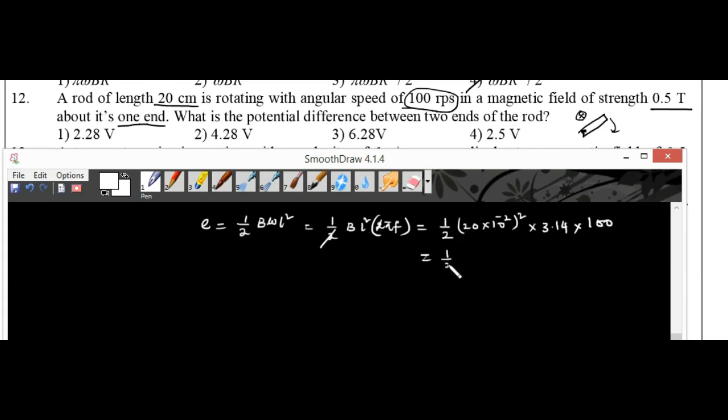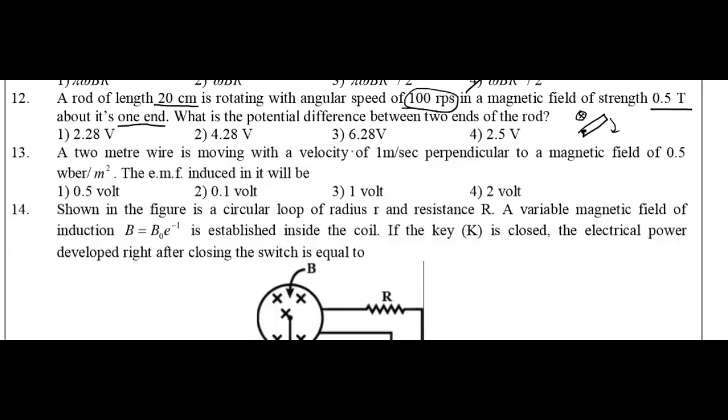So that gives me 400 into 10 power minus 4 into 3.14 into 100. So this 100 and 10 power minus 4 get cancelled. So this is 2 into 3.14, which is 6.28 volts. 6.28 volts.